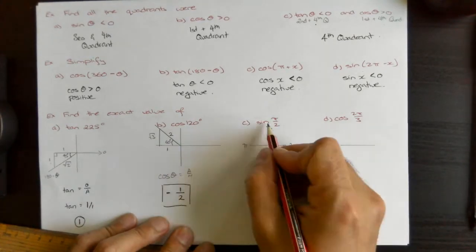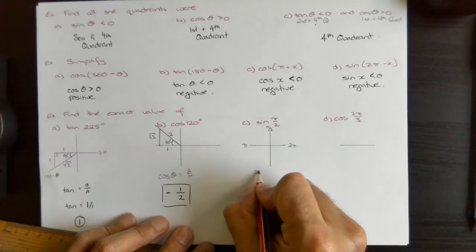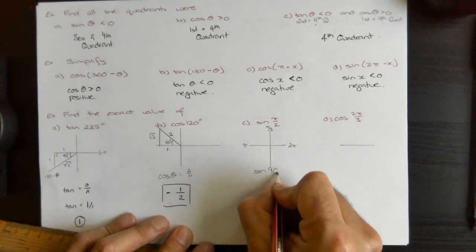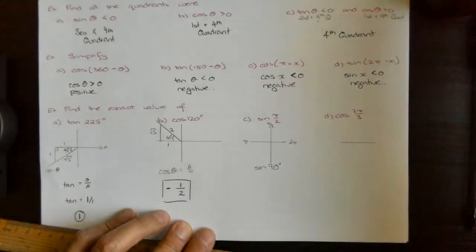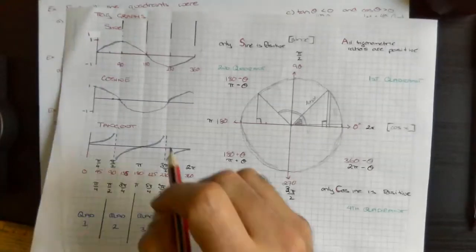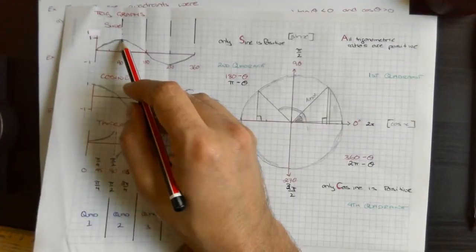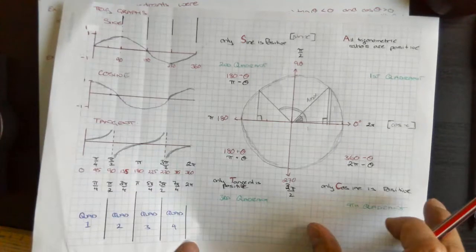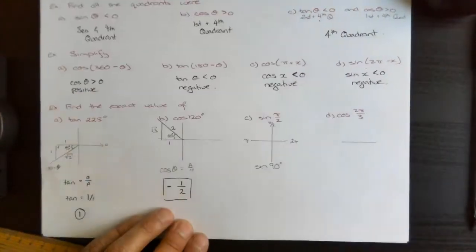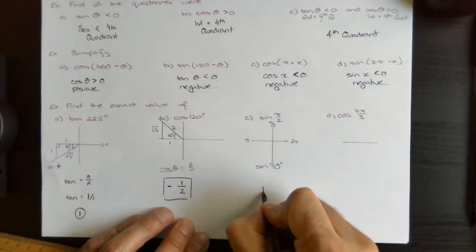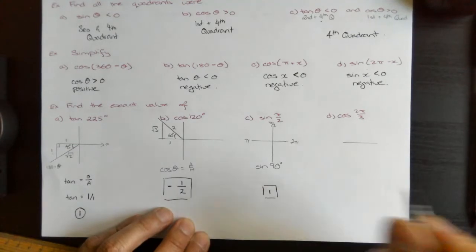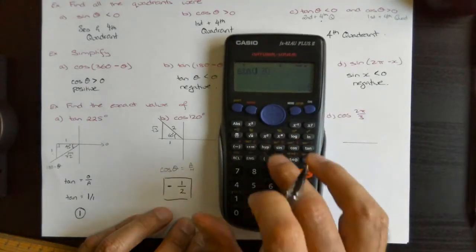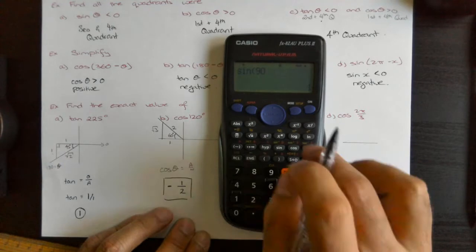Yeah, so we want sine of 90, basically. That's what we're trying to find, sine of 90. Well, looking back at our graph, sine of 90 equals 1. Yeah. So the solution to here is 1. So sine of 90 is 1.